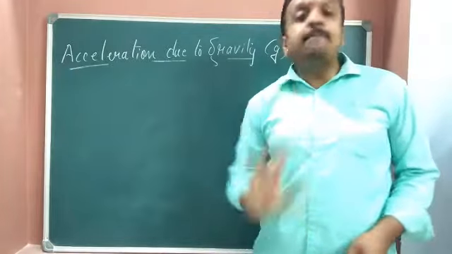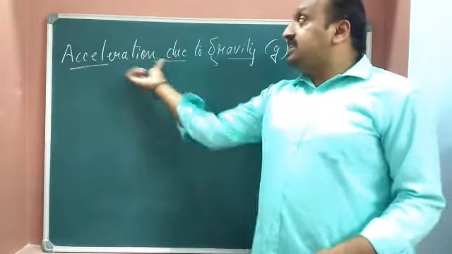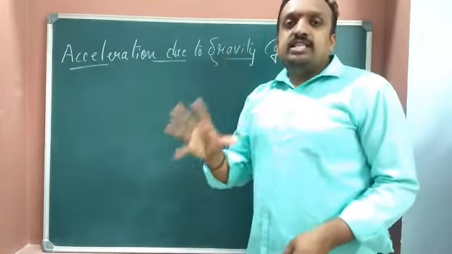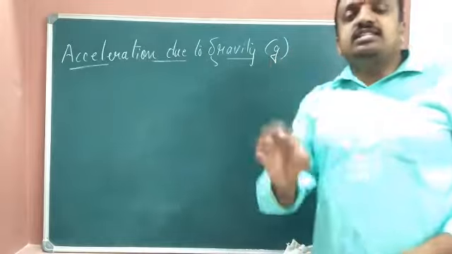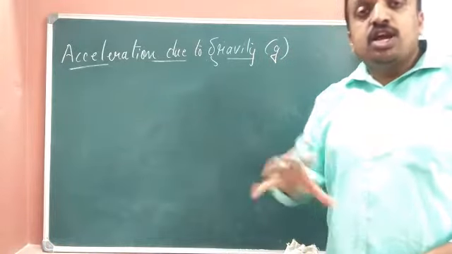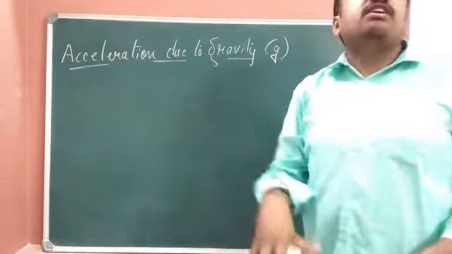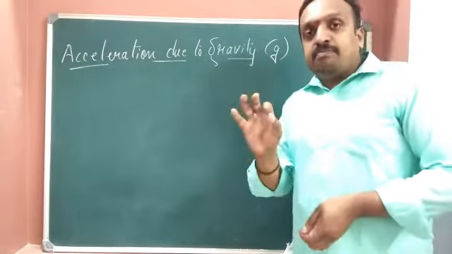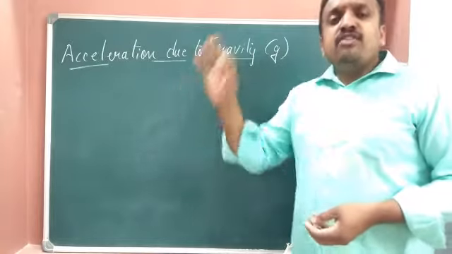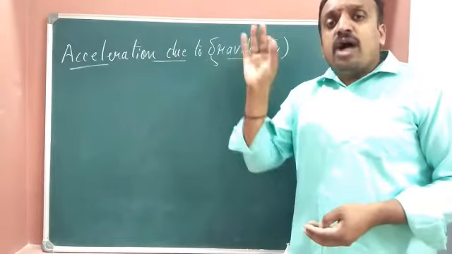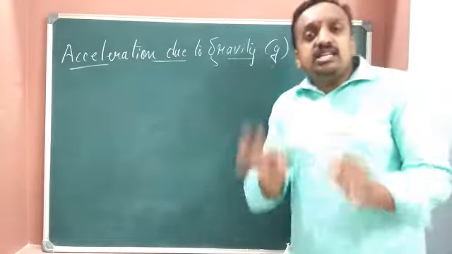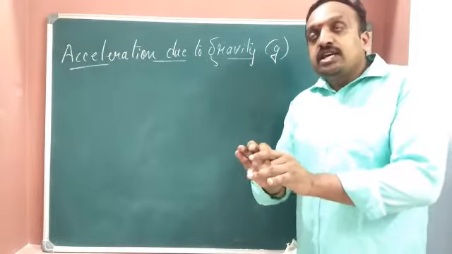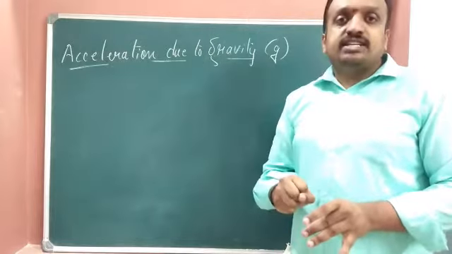Now a very important one, that is acceleration due to gravity. If a body is attracted towards the earth's gravitational force, if it is coming towards the earth's surface, it gains some acceleration. I repeat, all freely falling objects, when they come under the earth's gravitational force of attraction, gain some acceleration.